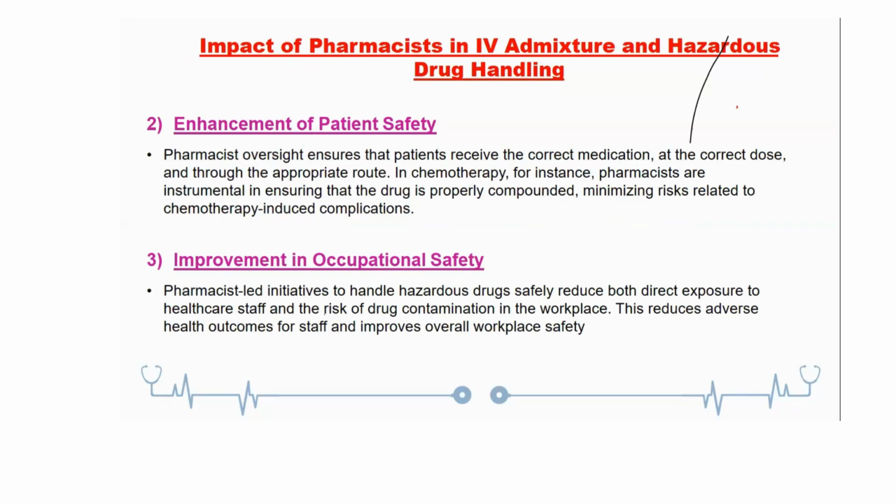Pharmacists also play a significant role in the improvement of occupational safety, as pharmacists lead initiatives to handle hazardous drugs safely, reduce both direct exposure to healthcare staff and the risk of drug contamination in the workplace. This reduces adverse health outcomes for staff and improves overall workplace safety.